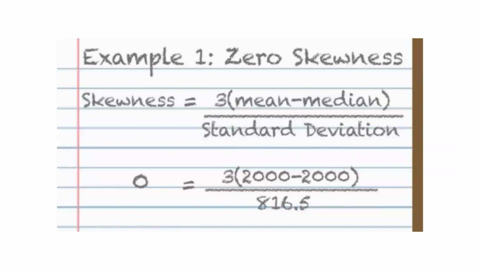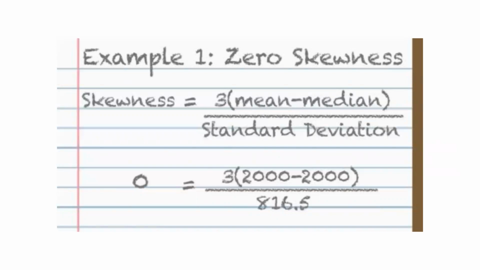So when skewness is 0, that means the mean and the median are the same. If the mean is higher than the median, you're going to get a positive number up here, and a positive number times 3 divided by the standard deviation is going to give you a positive number. If the mean is lower than the median, this is going to give you a negative number. So it would produce a negative skew.